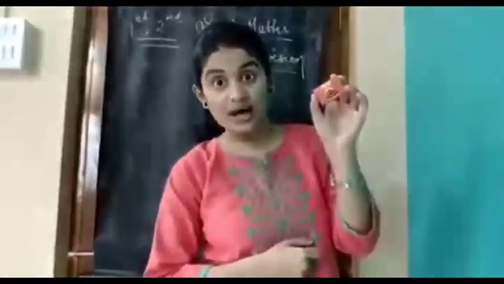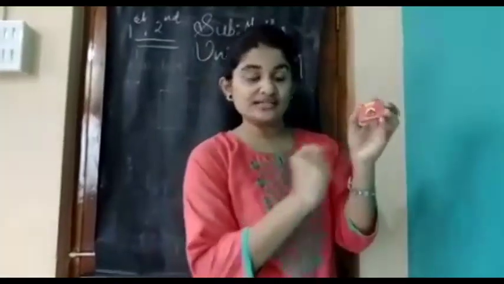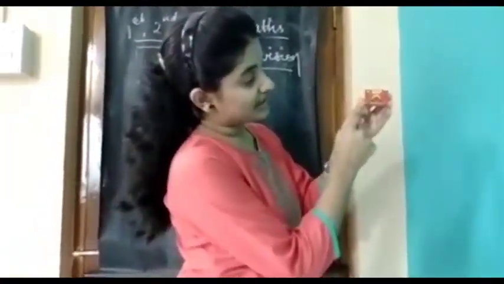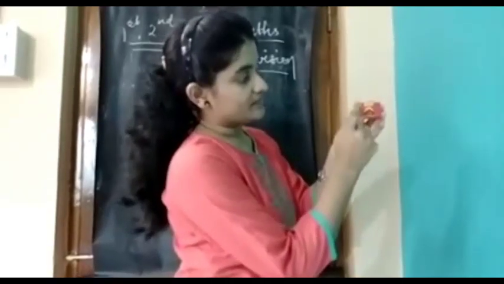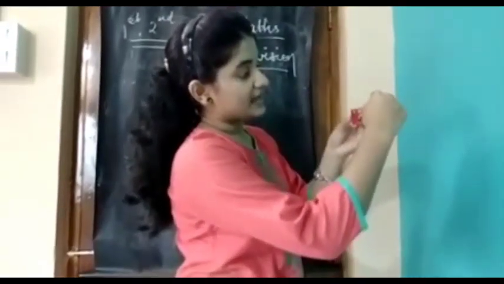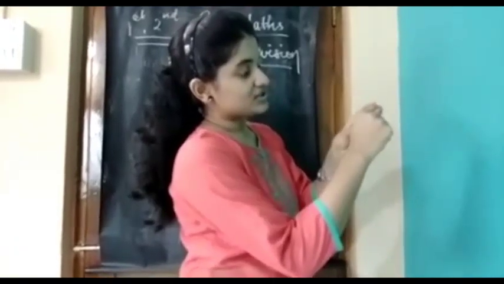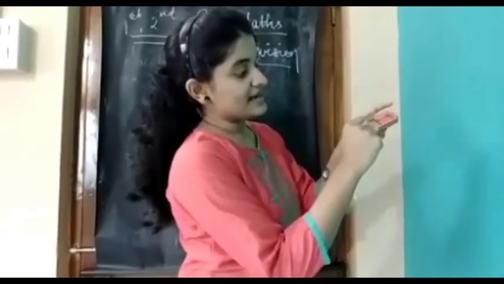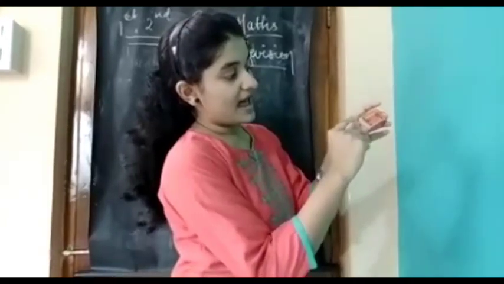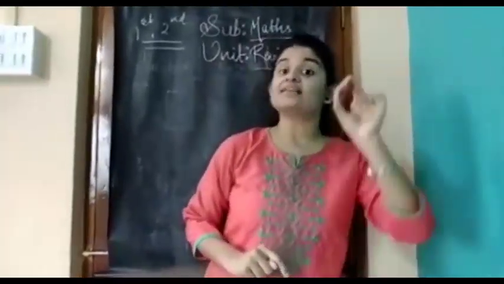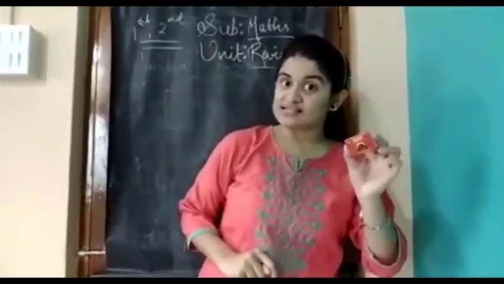So now let's count its edges. 1, 2, 3, 4, 5, 6, 7, 8, 9, 10, 11 and 12. So students, a cuboid has 12 edges.